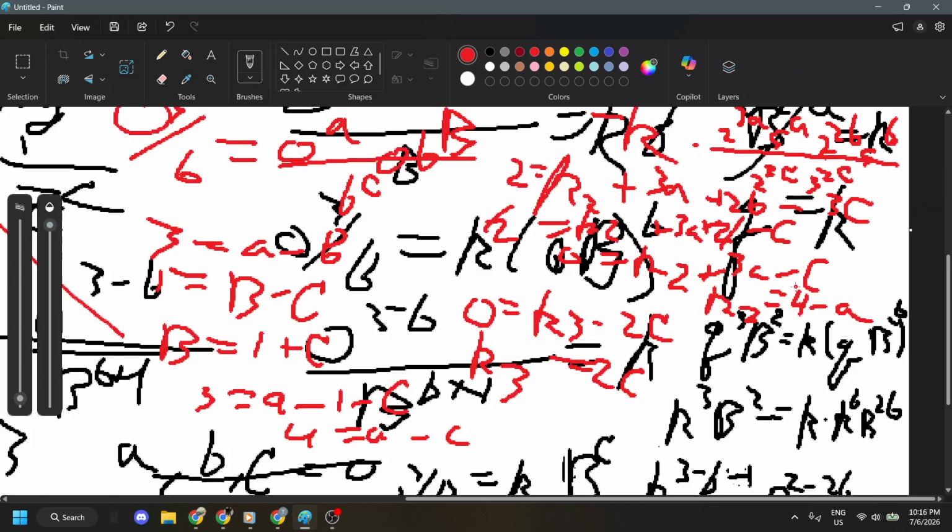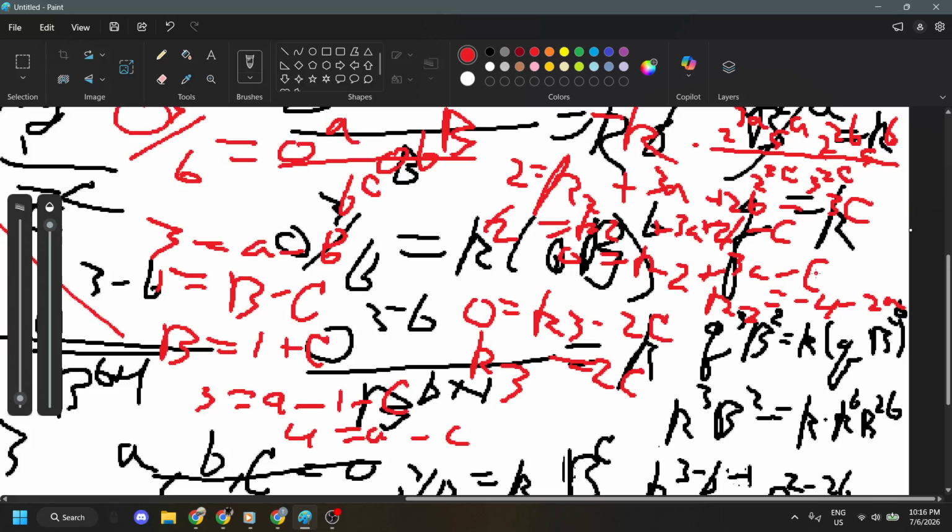Right? Because then we get, oh no, not minus a, minus 2a. Negative k2 is equal to 2a plus 4, so k2 is negative 4 minus 2a.